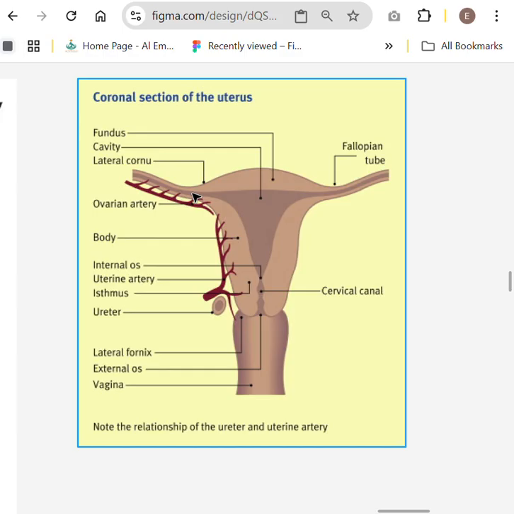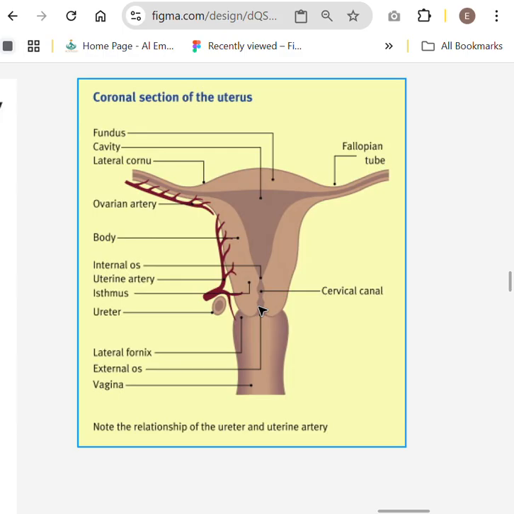The constriction at the isthmus, where the corpus joins the cervix, is called the anatomical os. Can you see there's an internal os here and there's an external os here?